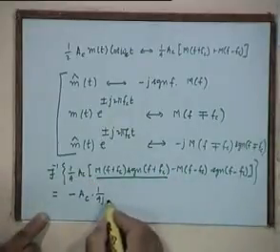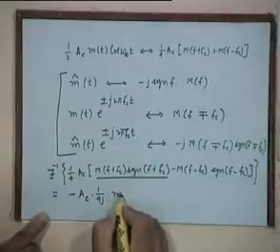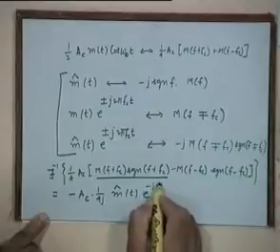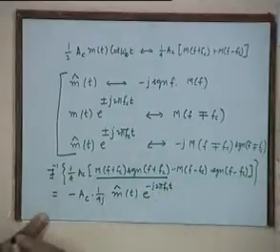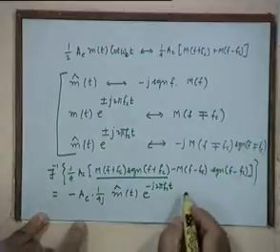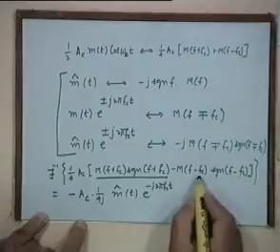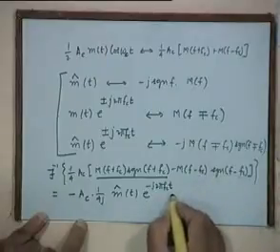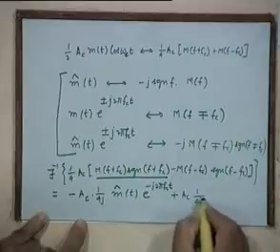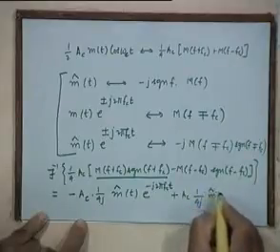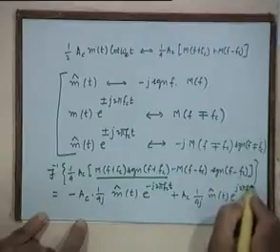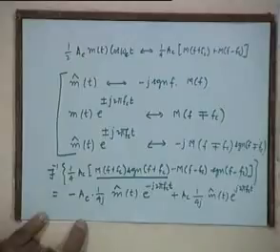So 1 by 4 j into m hat t e to the power minus j2 pi f sub ct, right? And what about this term now? Same thing, plus A sub c 1 by 4 j into m hat t e to the power plus j2 pi f ct, right?